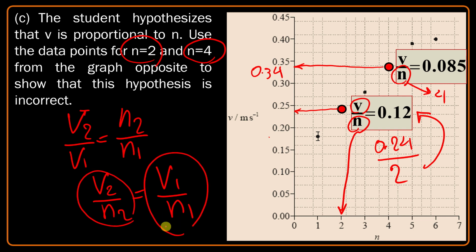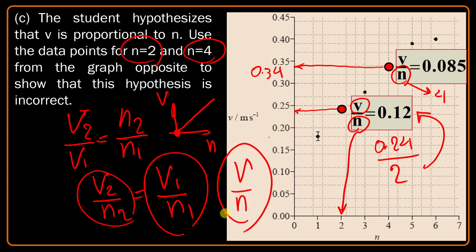So it is not proportional. Maybe linear, but not proportional. Anyway, when they say proportional, you know that you have to prove that V versus N is a line that passes through the origin, or V over N takes the same value for all data points. Okay, so we proved that it is not proportional.